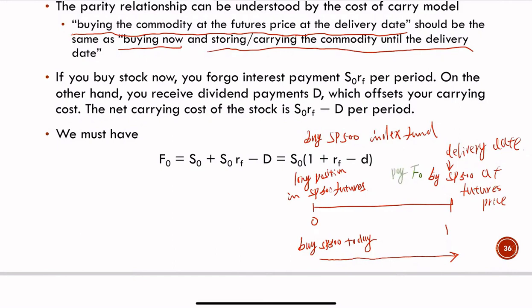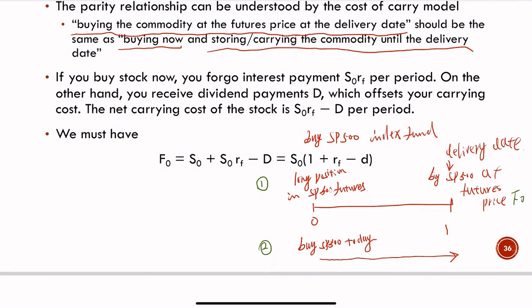So this means on this delivery date, you will buy this SP 500 at futures price F0. This is basically the first approach, or we could call it the futures approach.